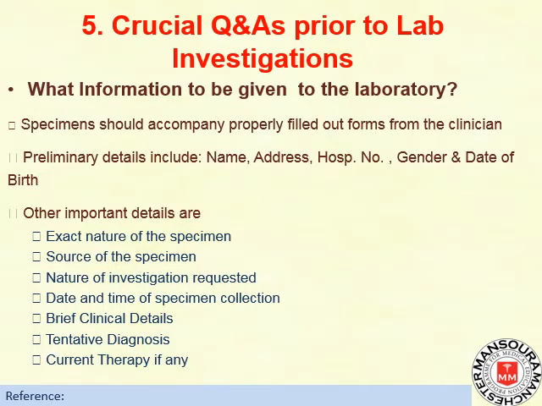Also, what information should be given to the laboratory? The specimen should be accompanied by a properly filled out form from the clinician, having the preliminary details including the name, hospital number, gender, and date of birth.